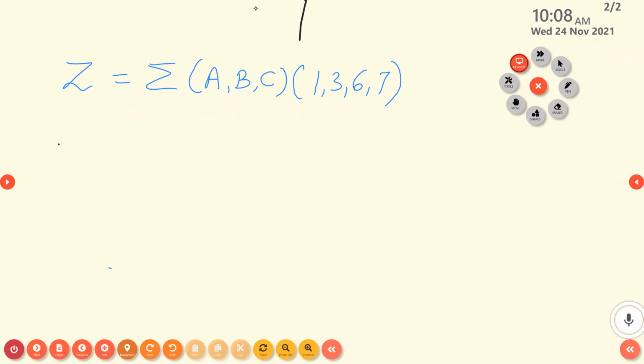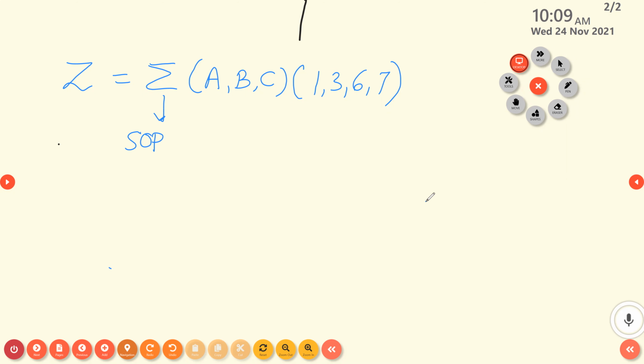First target, identify whether it is POS or SOP. SOP, how to identify? Sigma is given. Yes, online student, can you see the screen? Yes, ma'am. Okay. So here sigma is given, means what? It is SOP.